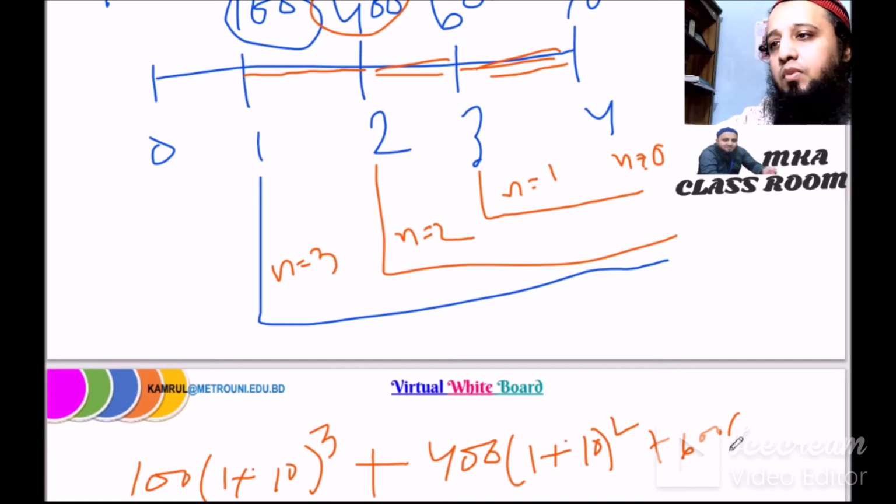Then if you calculate by your calculator, you will get the result.